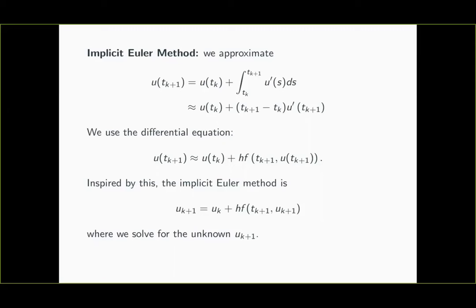As you can tell up to now, the starting point for the explicit and the implicit Euler method is to think of an approximation for this integral of u prime. For the explicit Euler method, we take u prime at the left end of the interval, and for the implicit Euler method, we take u prime at the right end of the interval, and then weight these by the interval length.